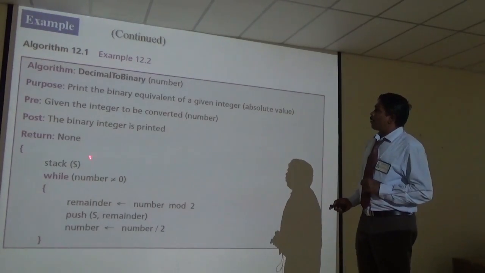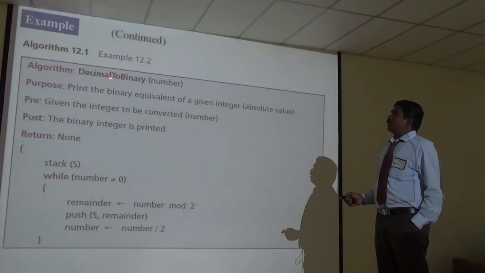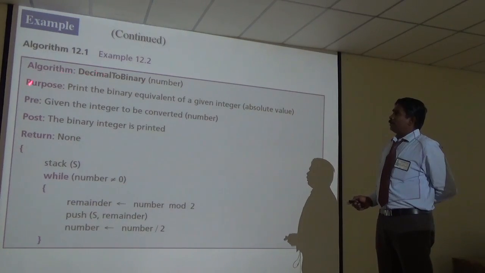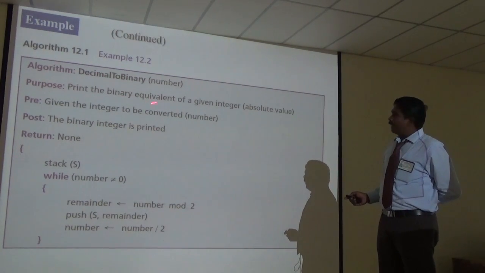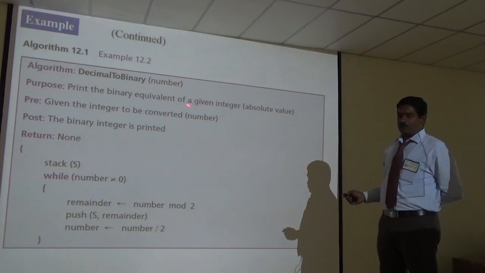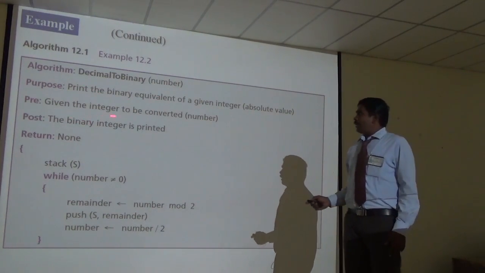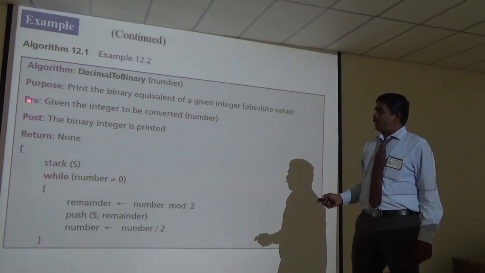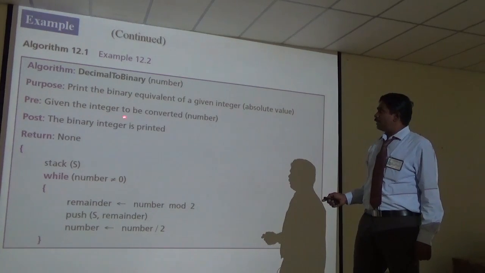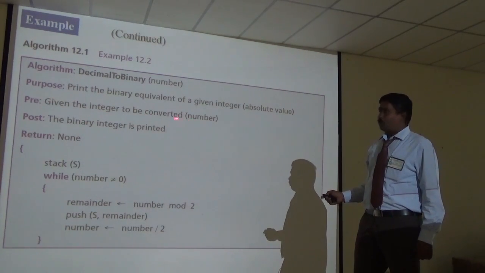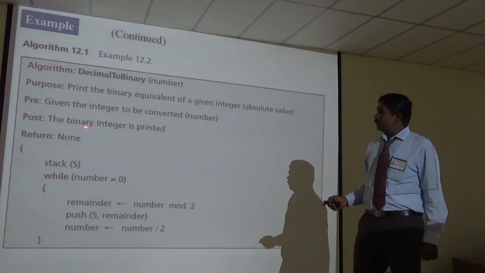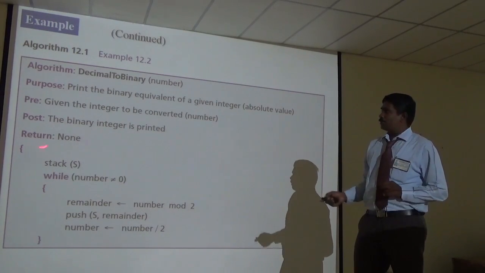So this is the algorithm which converts decimal to binary. The purpose is to print the binary equivalent of the given integer, that is its absolute value. The precondition is that the integer to be converted is given. The postcondition is that the binary integer is printed, which is the result.